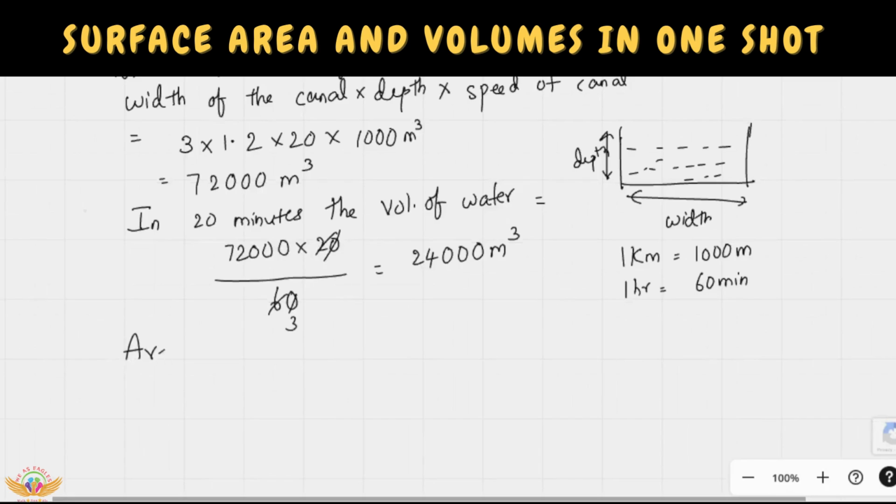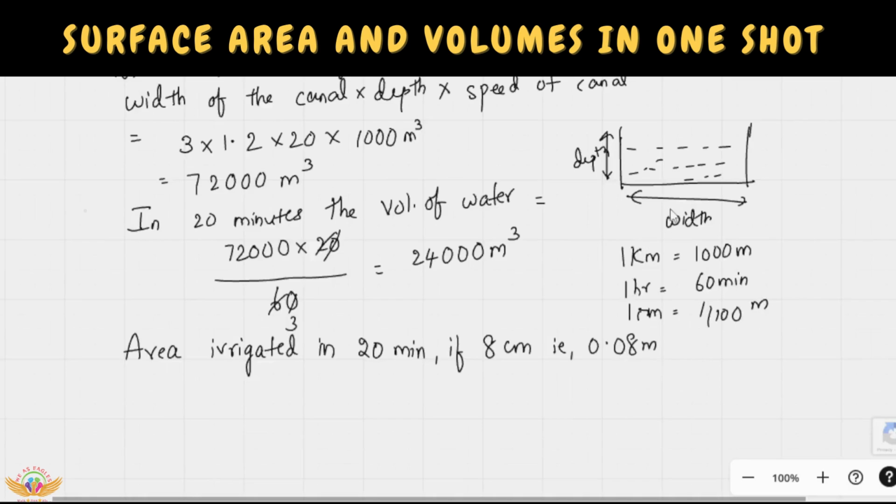So area irrigated in 20 minutes, if 8 centimeters, that is, I want it in meters, right? So 0.08 meters. I'm writing here 1 centimeter is equal to 1 by 100 meter.